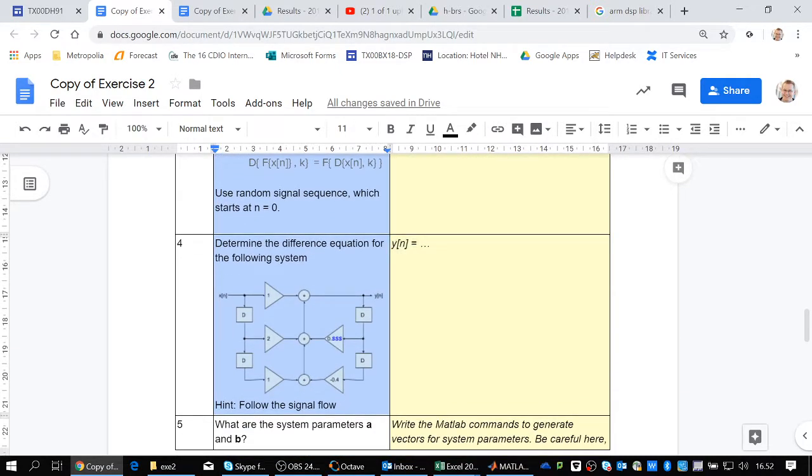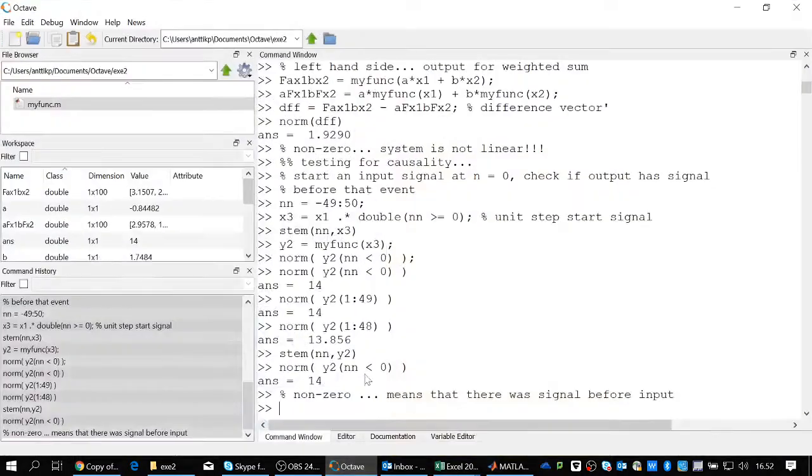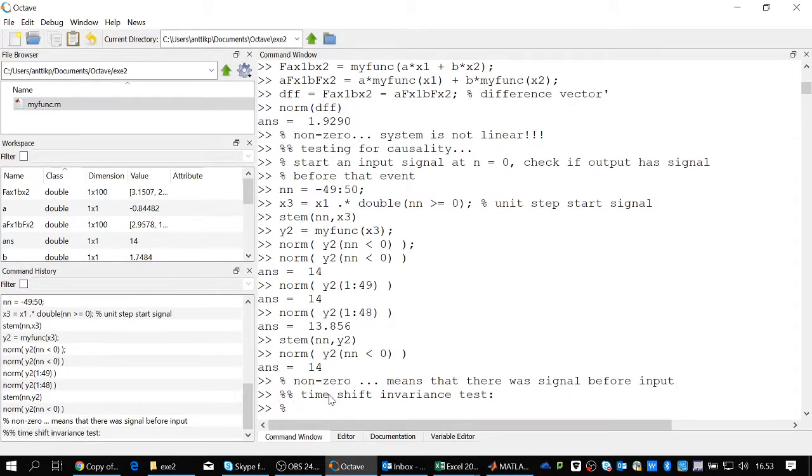The time shift invariance test is simply to see if the delayed output corresponds to delayed input.